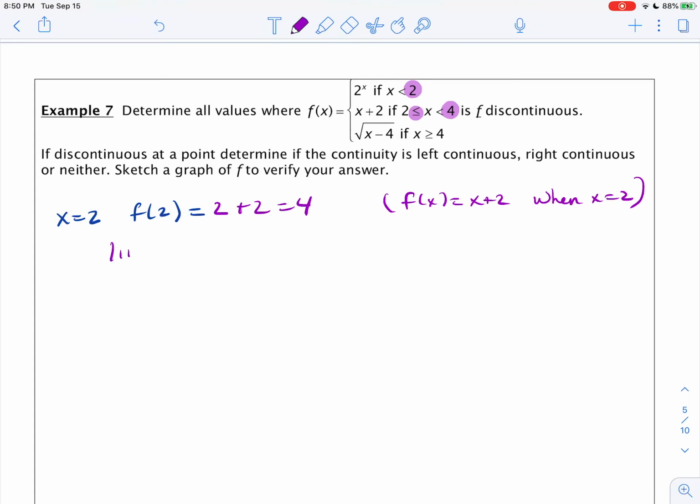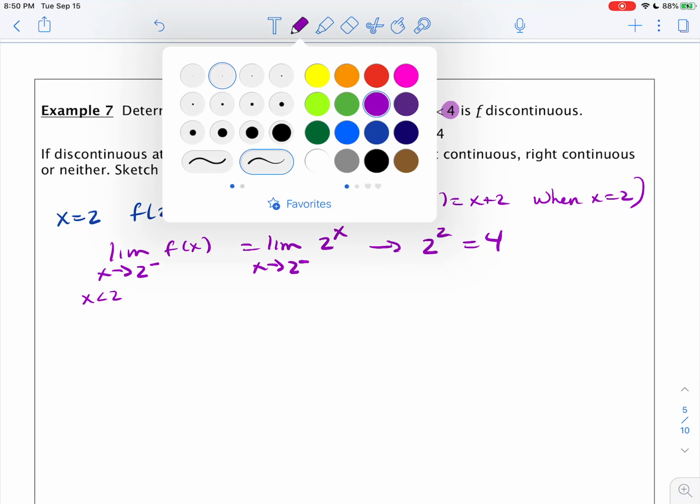Good. So what is the limit as x approaches 2 from the left of f of x? That means when x is less than 2. Then this is going to be the limit as x approaches 2 from the left of 2 to the x, because that's what f of x equals when x is less than 2. And then that is going to go to 2 to the 2, which is equal to 4.